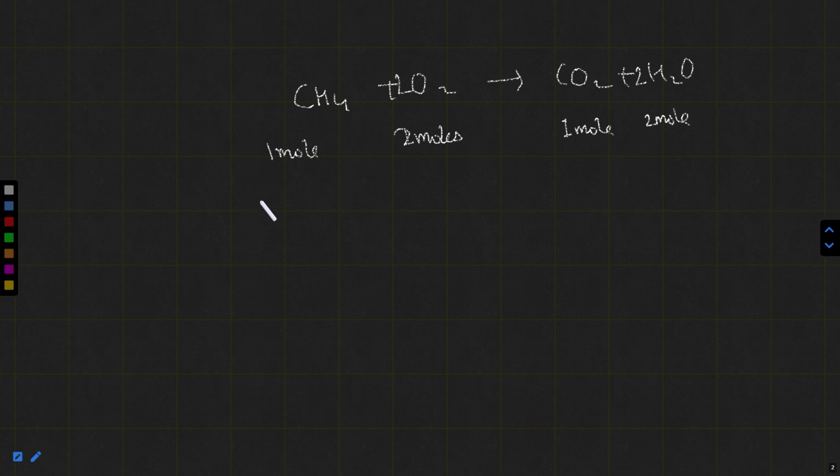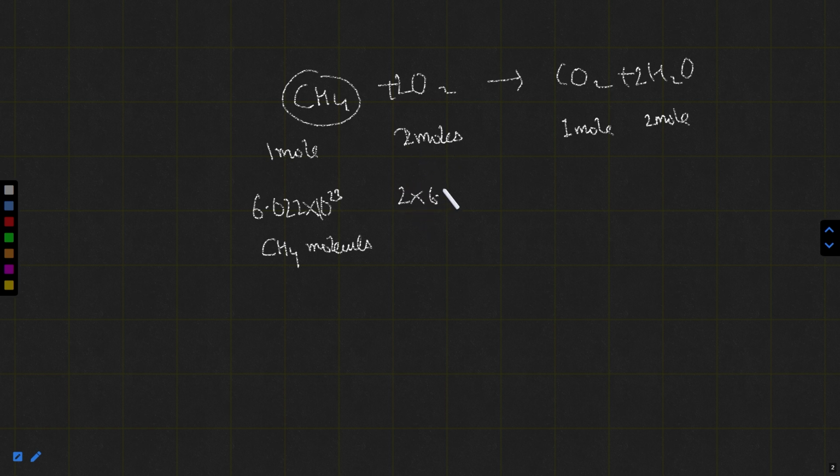What does it mean? 1 mole of methane contains how many molecules of methane? As I have told you, this value will never change. Therefore 6.022 × 10^23 CH4 molecules react with 2 × 6.022 × 10^23 O2 molecules, because 2 moles are taken.